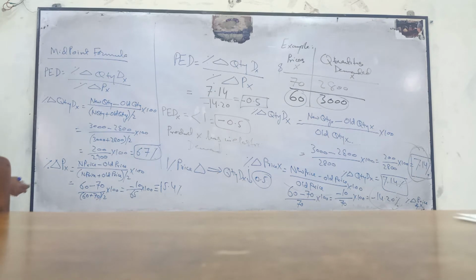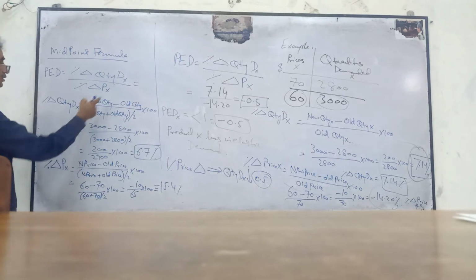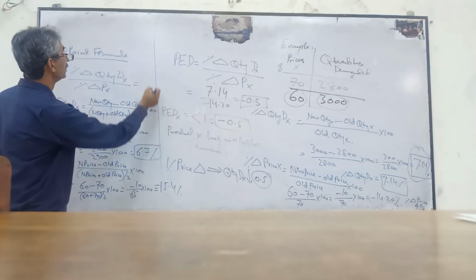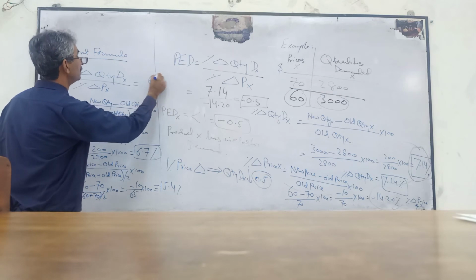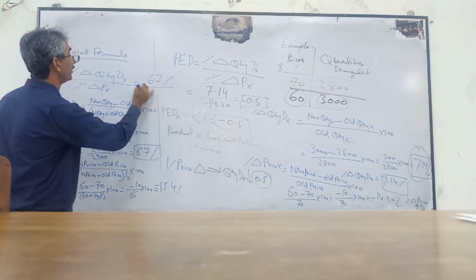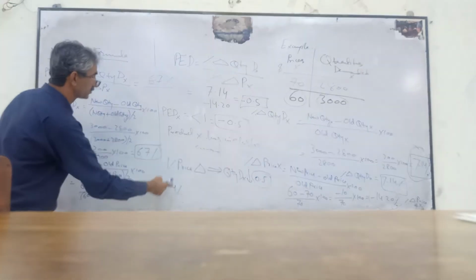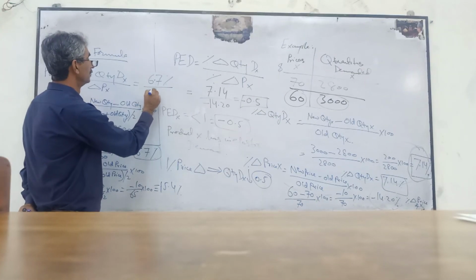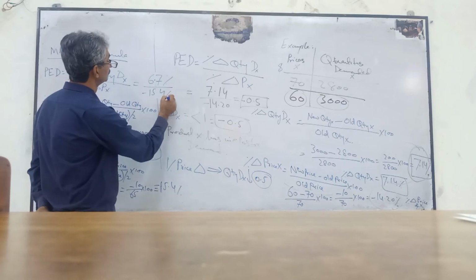So now you can solve this problem. The percentage change in the quantity demanded, 6.7%, divided by the percentage change in the price of X, 15.4%.